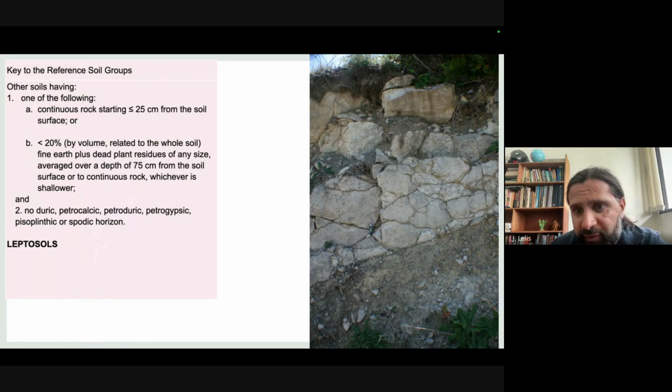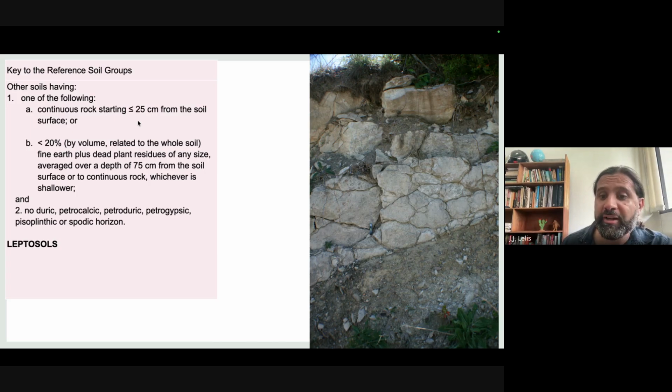And we also have some soils that do not register very low temperatures, but they have other limiting layers that avoid root growing or water percolation. So soils that cannot be classified as Histosols, Anthrosols, Technosols, and Cryosols, and have continuous rock in the first 25 centimeters below the soil surface. So the rock should be quite close to the surface, the fresh rock. We are not talking about saprolite.